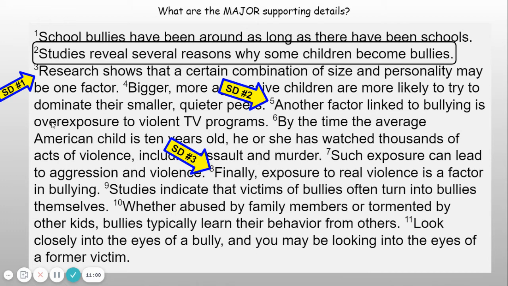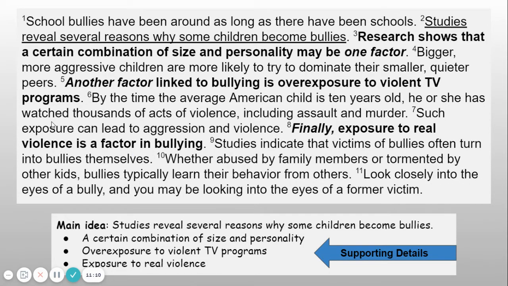And then sentence 9 and 10 and 11 talk more about how bullies are often exposed to real violence. Put those all together, and the several reasons why some children become bullies are a certain combination of size and personality, overexposure to violent TV programs, and exposure to real violence.